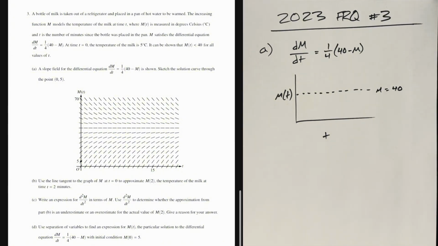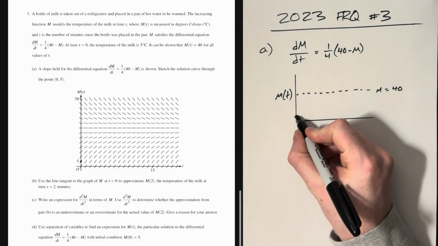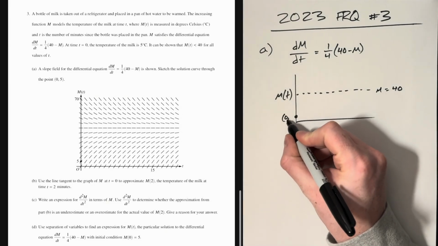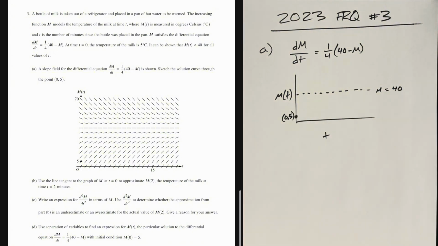And that's going to be a horizontal asymptote of this solution curve. Now we also have this point down here at (0, 5). And all of these little dashes on the solution curve, they represent the slope of our function at that point, right? And if we just follow the dashes, we can create a solution curve.